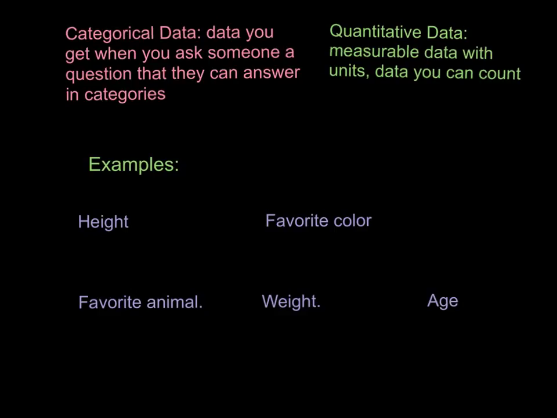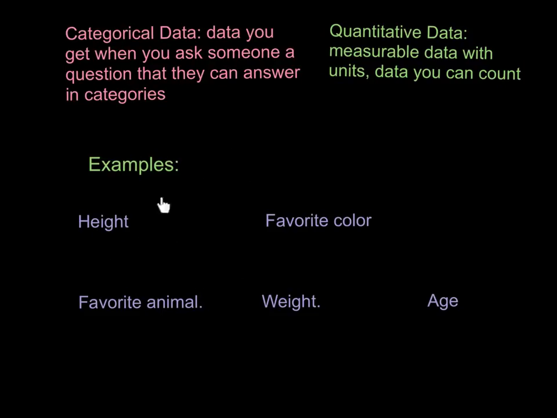Moving down the handout, we're just going to go over some examples. This is a very brief introduction to statistics, so we're just focusing on the data part. I have the definitions right at the top. Categorical data you get when you ask someone a question that they can answer in categories.